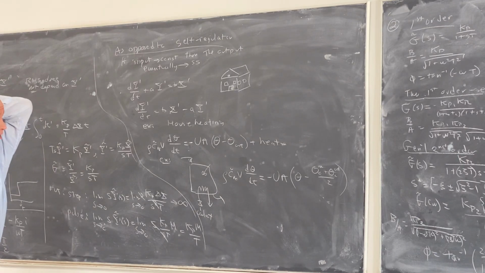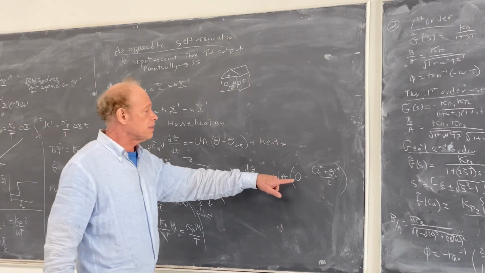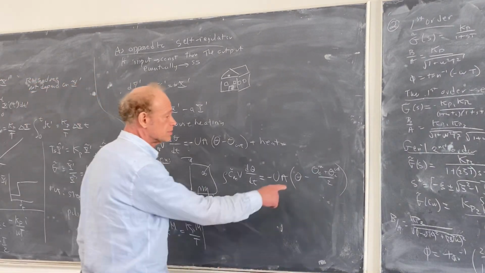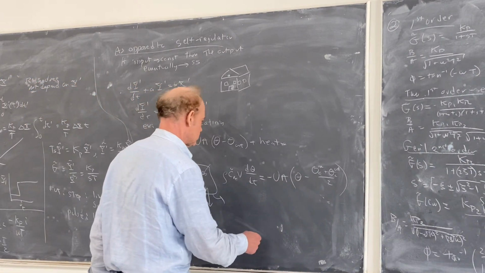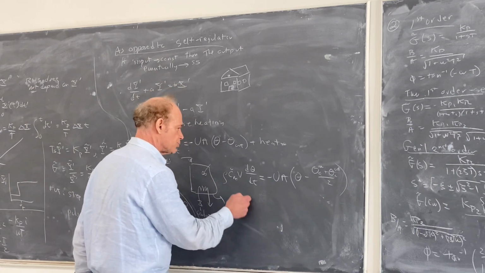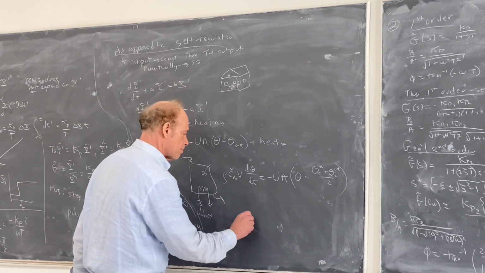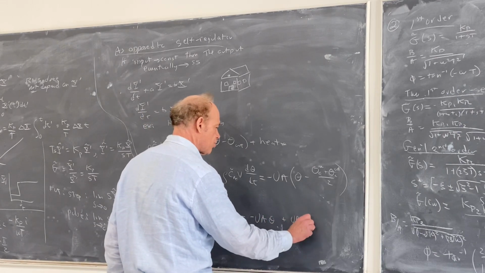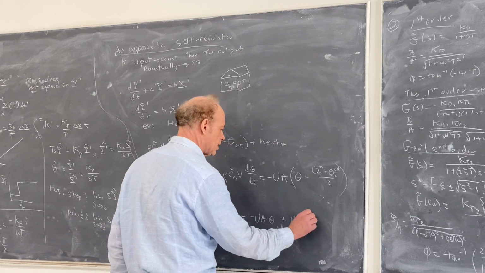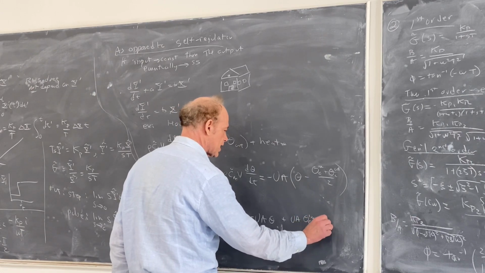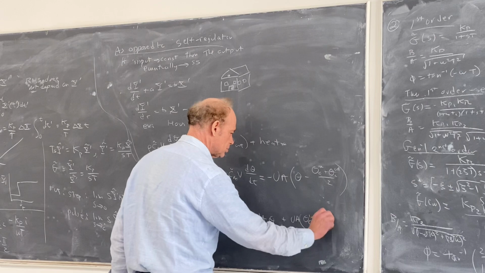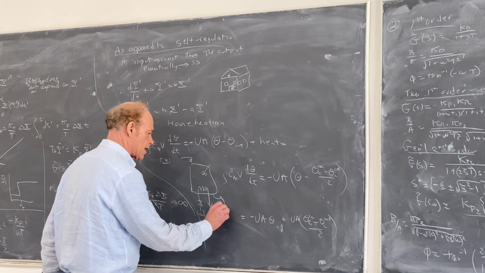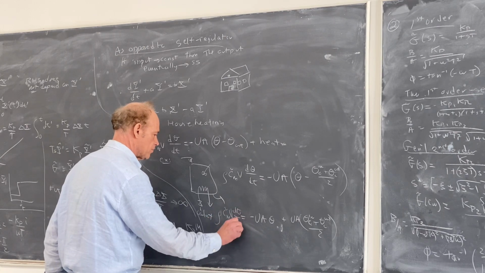And again, what you can see here, just like here, and actually let me break this up into 2 terms. So I've got minus UA theta, and then I've got a plus UA times theta coolant in plus theta coolant out over 2. So this is rho CV hat V d theta dt.